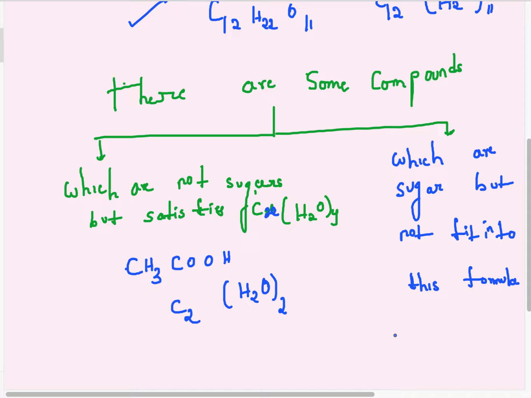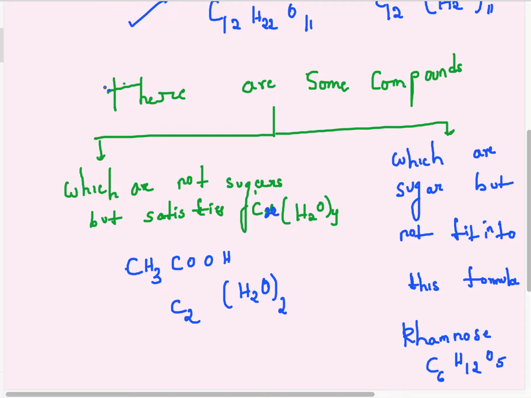That is Rhamnose. This is one of the frequently asked questions, students. What is its molecular formula? I am writing here C6H12O5. Look into this one. If you take H2O, that is 5 times, so H is 10, but here it is 12. So it is not fitting into this formula. So these are the drawbacks.